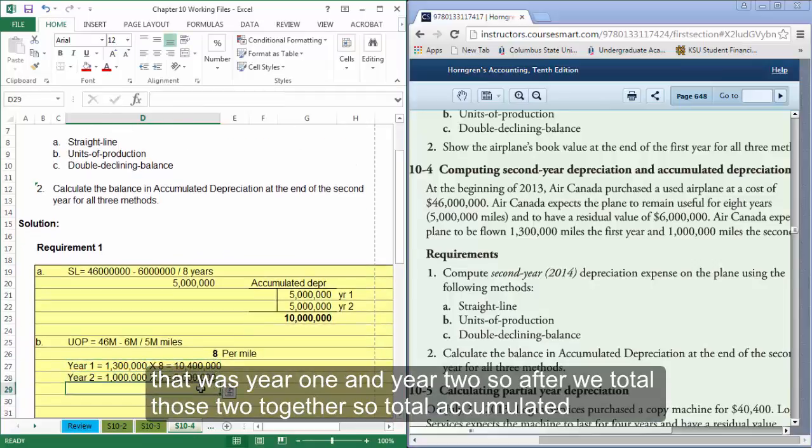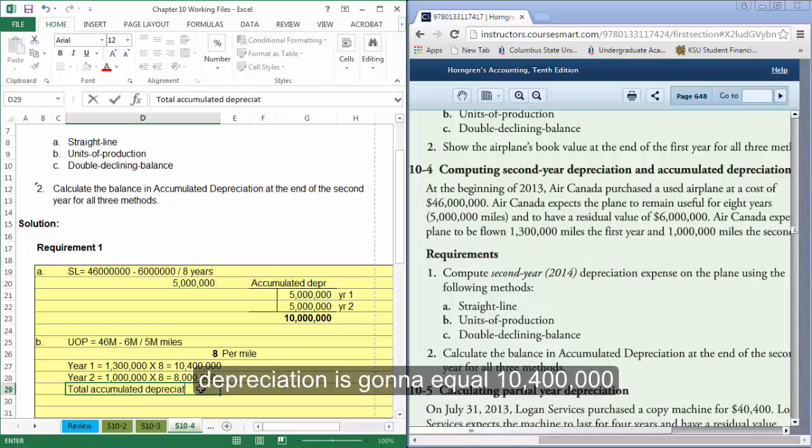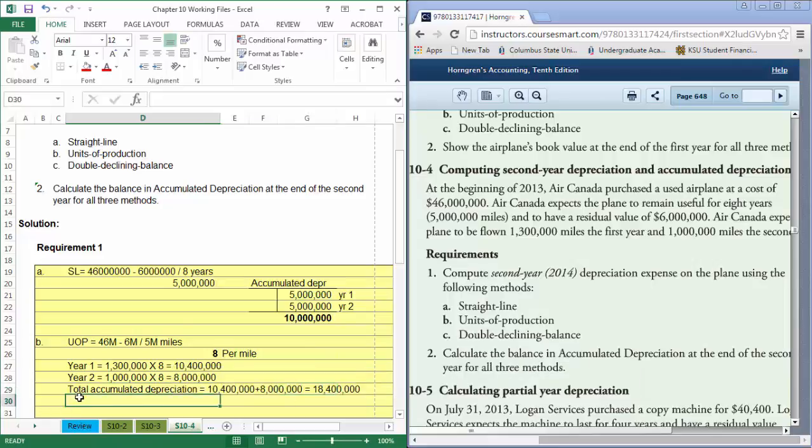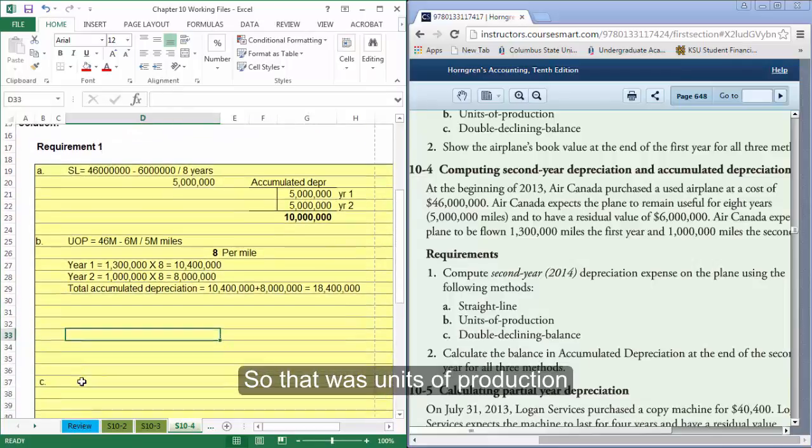So after we total those two together, so total accumulated depreciation is going to equal the 10,400,000 plus the 8 million. So we're going to have $18,400,000 in depreciation. Okay, so that was units of production.